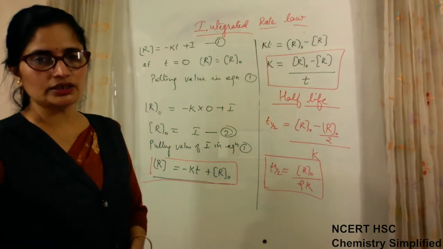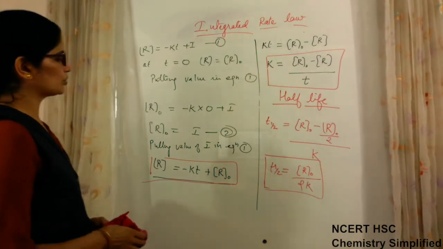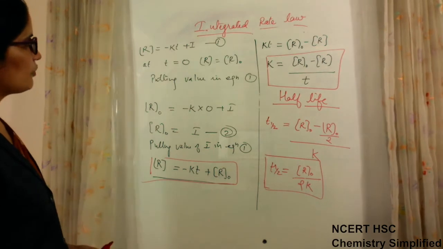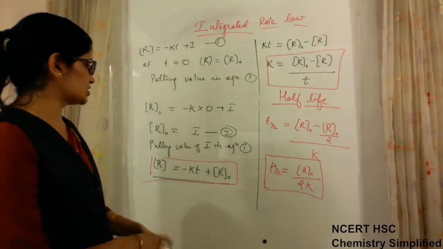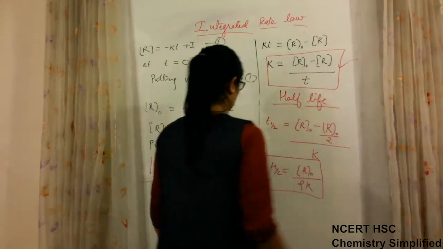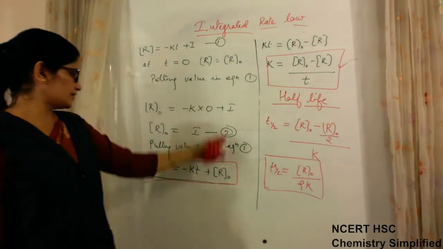More time will be taken to convert them into products. So this is the integrated rate law for a zero order reaction. You have to remember this formula, and from this we can reach to this.